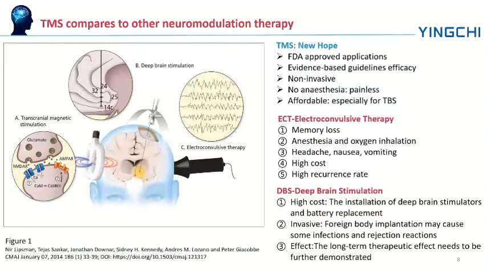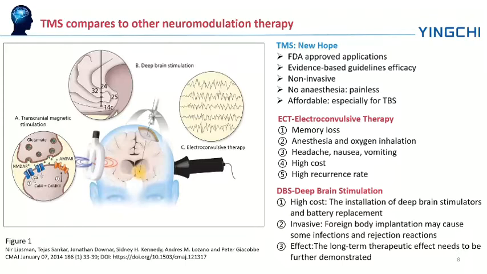As for DBS, deep brain stimulation, it needs the installation of deep brain stimulators, and this stimulator may need battery replacement. So it is invasive, and the foreign body inflammation may cause some infections and rejection reactions. And both of these two therapies are of high cost, and their therapeutic effects need to be further demonstrated.